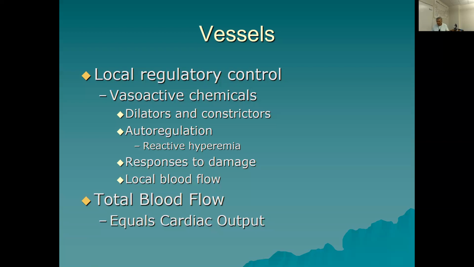Okay, local regulatory control. We look at vasoactive chemicals, dilators and constrictors. As I mentioned before, what really opens up capillaries are sometimes chemicals that cause dilation of the arterioles that link blood to capillaries and the opening up of the precapillary sphincters.